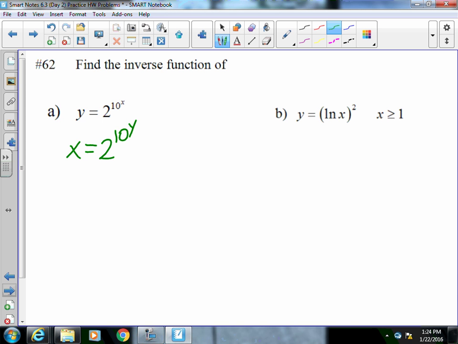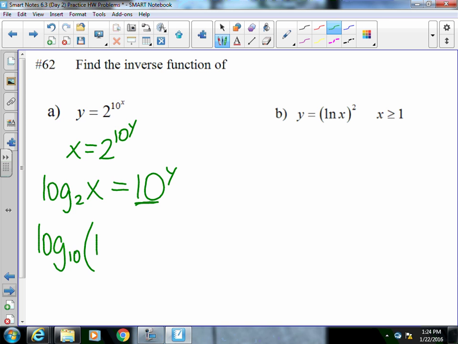So this would become log base 2 of x equals 10 to the y. But now I still need to get y out of the exponent, so I'm going to have to change the form again, which means I'm going to have log base 10, because 10 is my base, of log base 2 of x equals y.